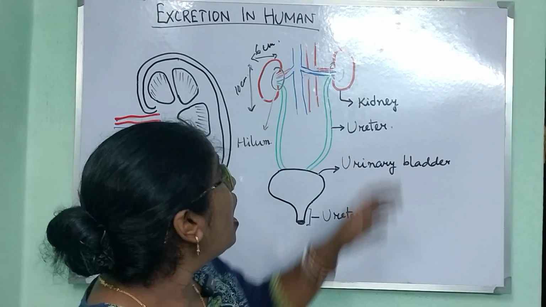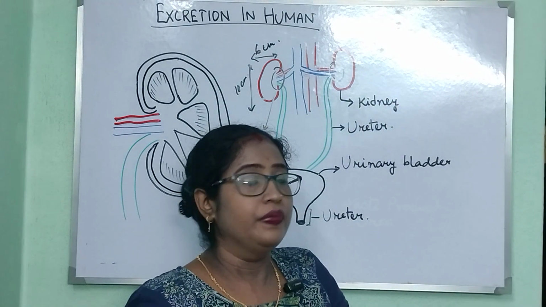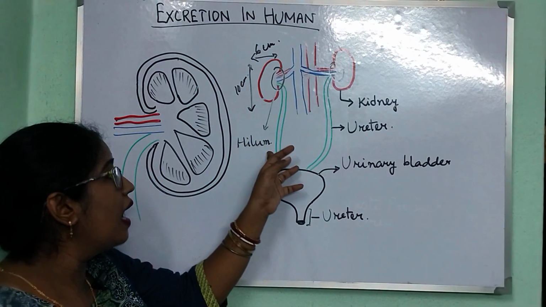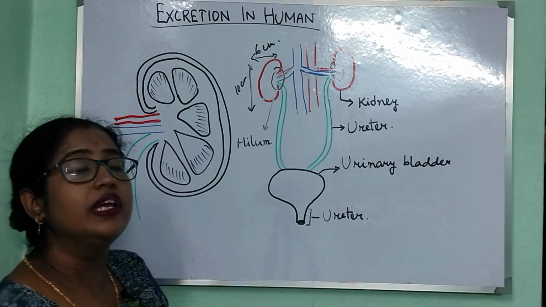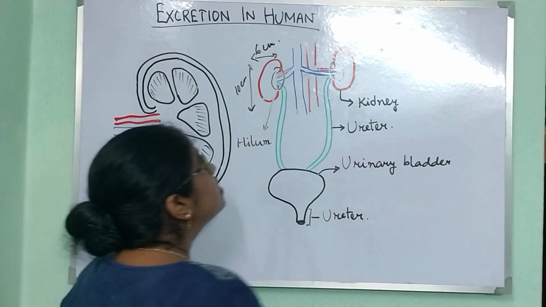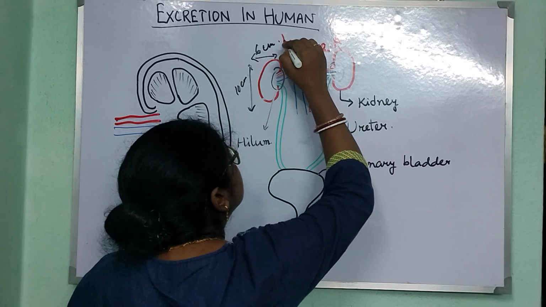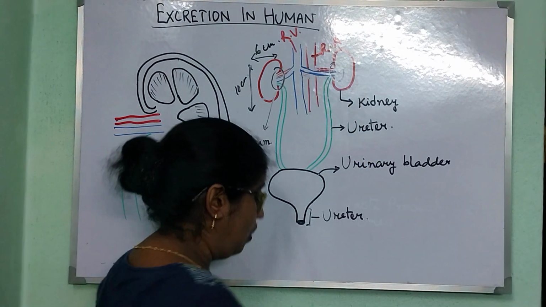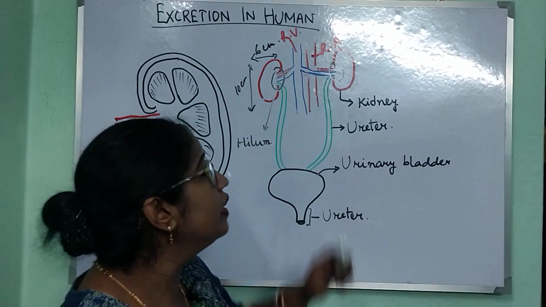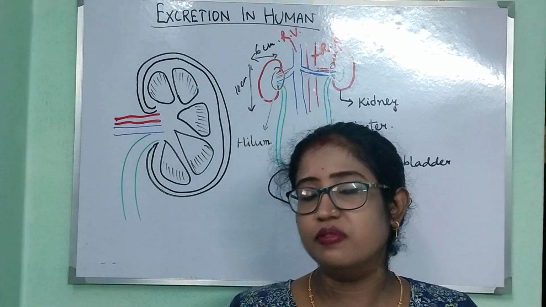This is actually the outer structure of the kidney. This notch-like thing is known as hilum, and this is actually the entry route of the renal artery. So this is the renal artery. This one is the renal vein. Also, this is the entry route of the ureter, along with the lymph vessels and nerves.